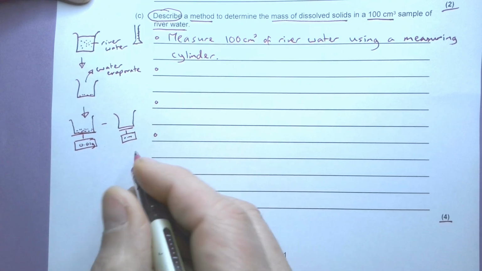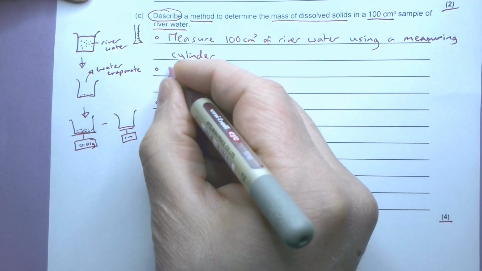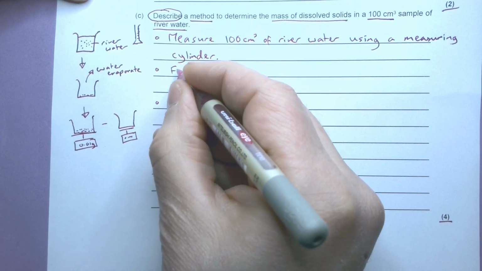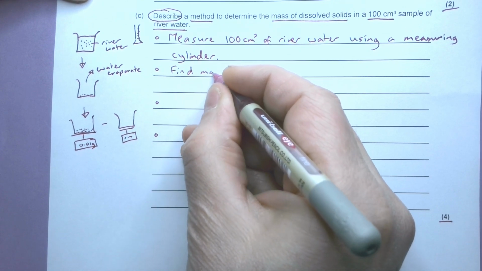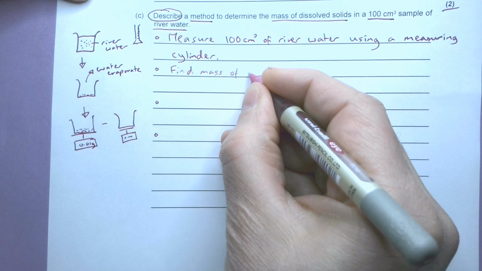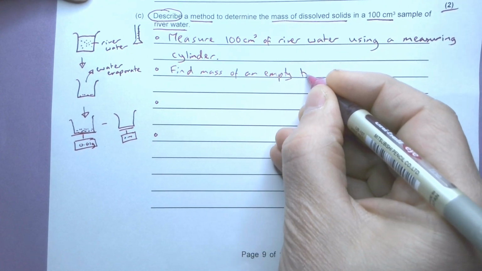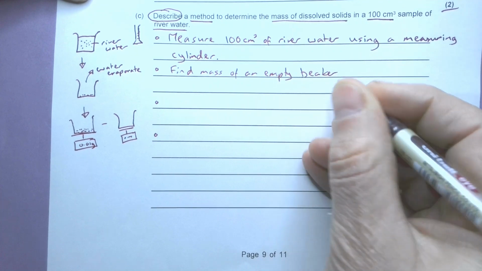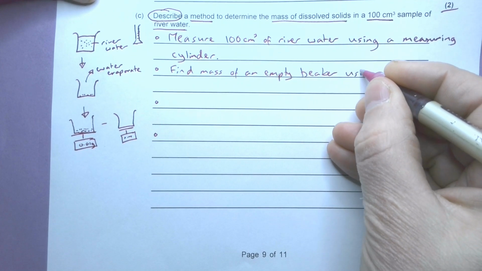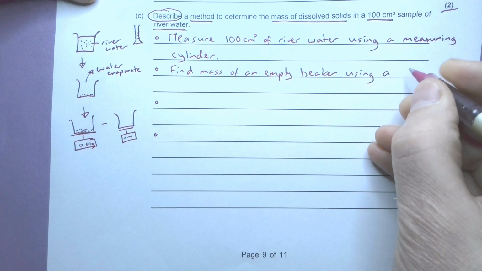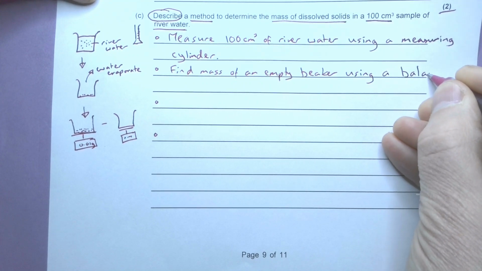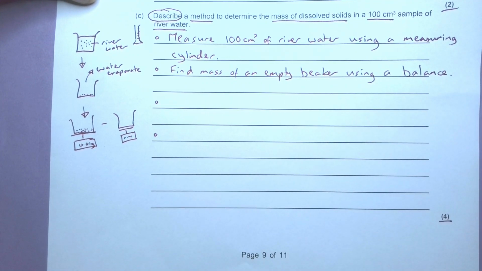So I'm going to find the mass of an empty beaker first, using a balance.